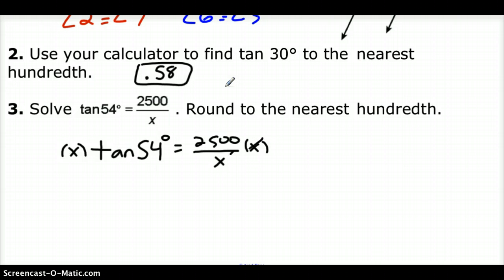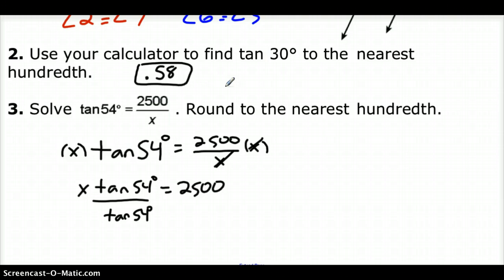The x over x cancels, so I'll have x times the tangent of 54 degrees equals 2500. Since x is being multiplied by the tangent of 54 degrees, I divide by the tangent of 54 degrees on both sides.